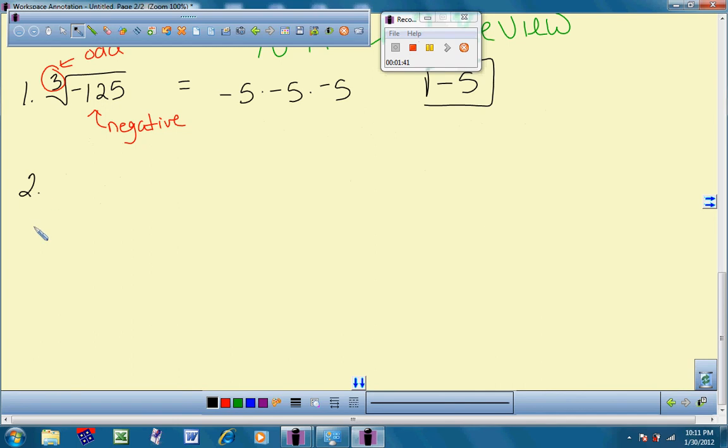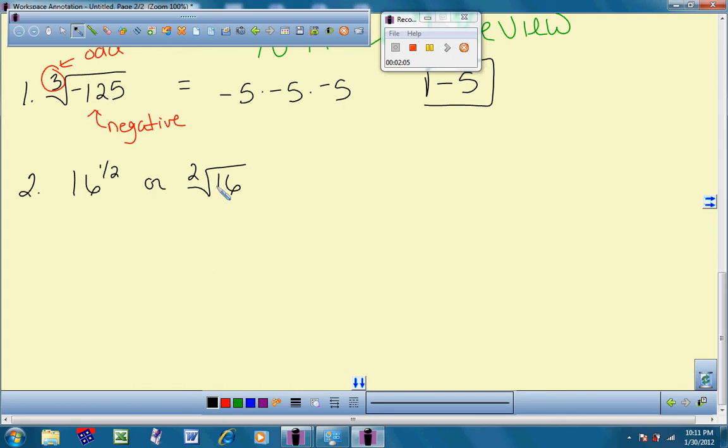Example 2. Let's take 16 with an exponent of 1/2. We have learned that we can change this exponential form into a radical notation where the denominator becomes your index. So we can rewrite this as the square root of 16, which is a more comfortable and familiar expression to look at.